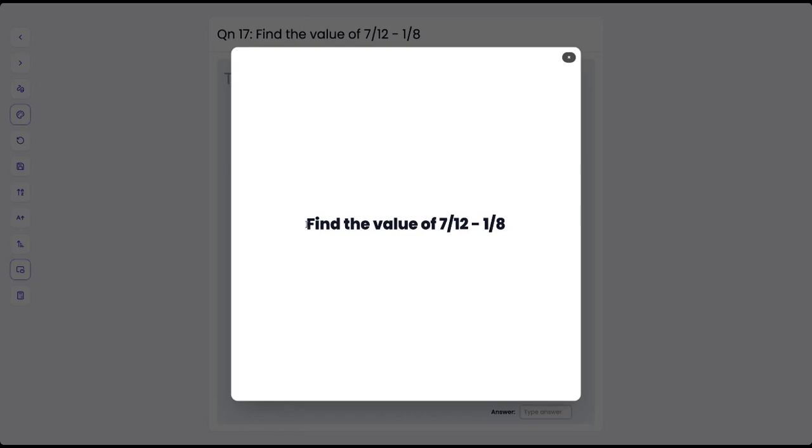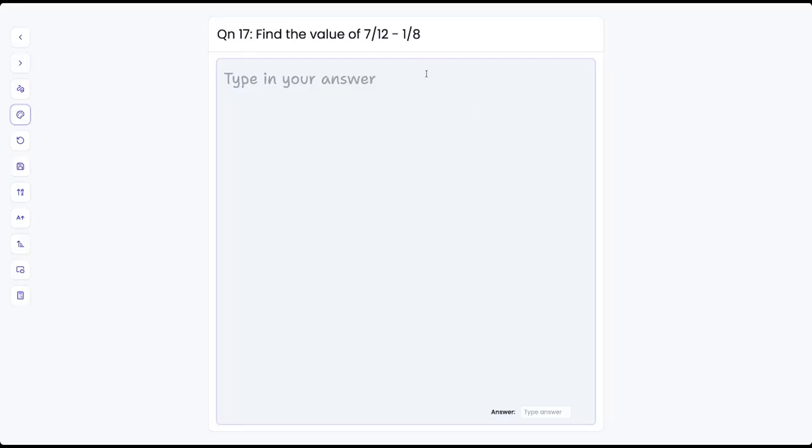Question 17. Find the value of 7.5 minus 1 over 8. So in this case, we have 7.5 minus 1 over 8. So we need to find the lowest common multiple. For 12 and 8, what do you think the lowest common multiple is?